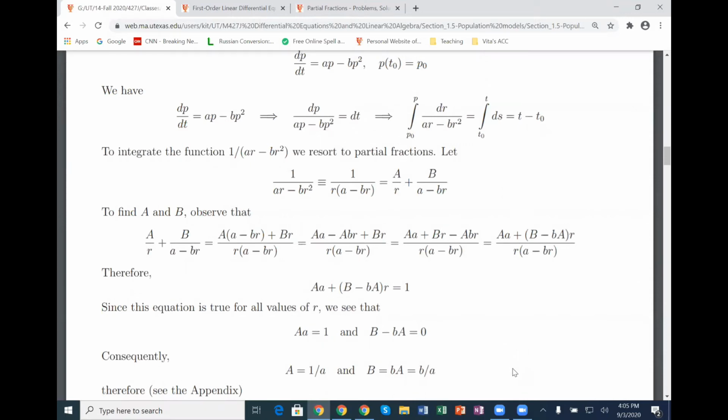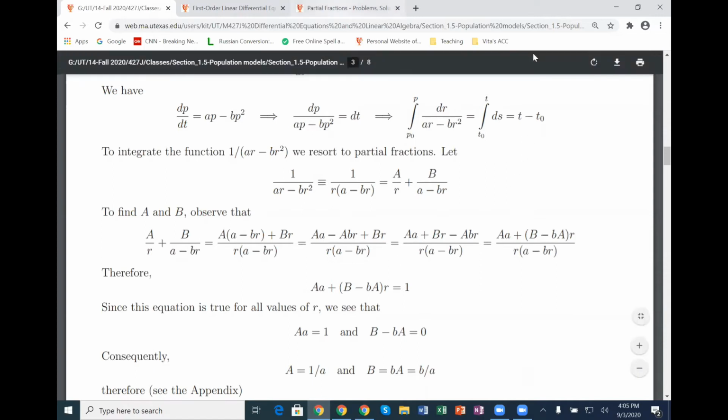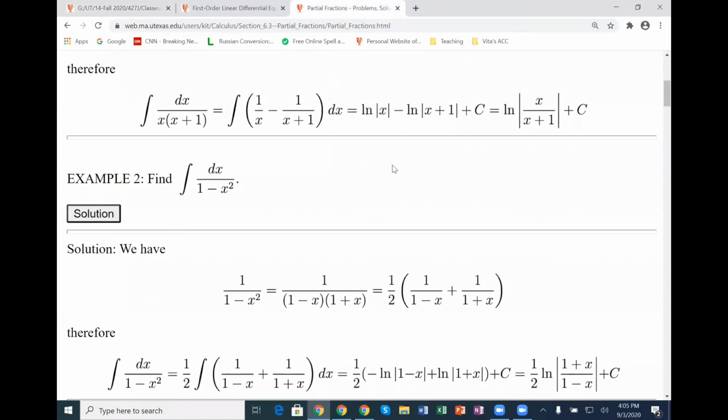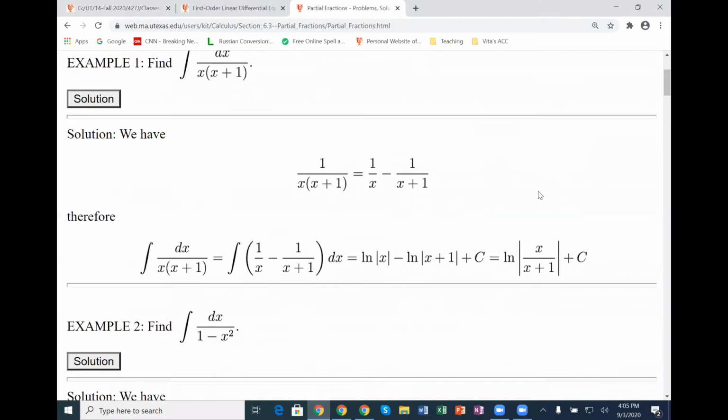Think about questions. Can you go back to your Calc 1 website? Yes, for example 1. How do you know that it's 1 over x minus 1 over x plus 1? Yes, very good point.